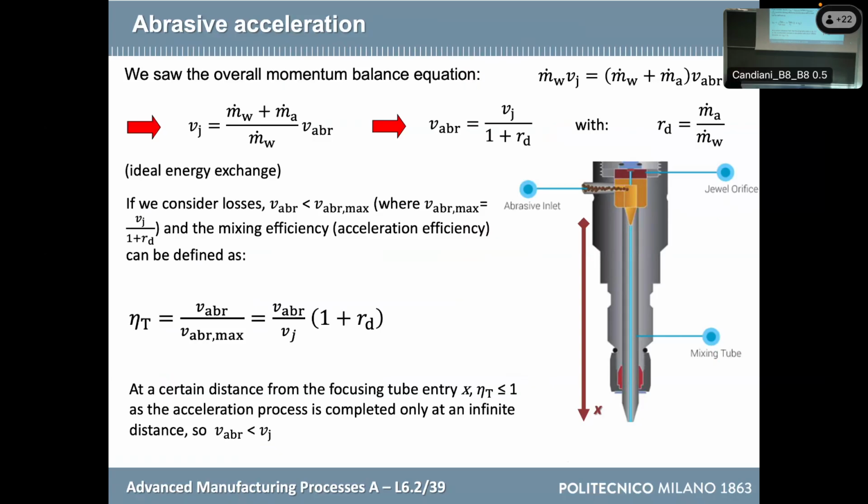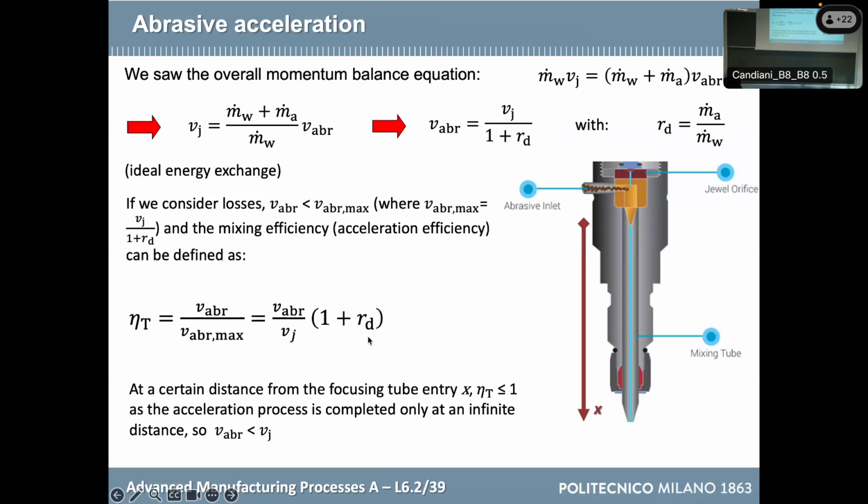And for defining it, I'm just dividing the final velocity of the mixed water jet, which is VABR, with respect to the maximum velocity. The maximum velocity comes from the equation we have seen yesterday. So from this comparison, we see that eta, the efficiency, is this one.